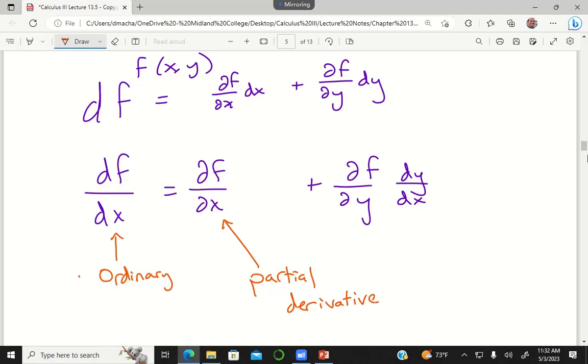The difference between the ordinary derivative and the partial derivative is that the ordinary derivative includes the partial derivative and also includes the effects you get from other variables that are indirectly exerting some influence whenever you change x. That's the difference between a partial derivative and an ordinary total derivative.